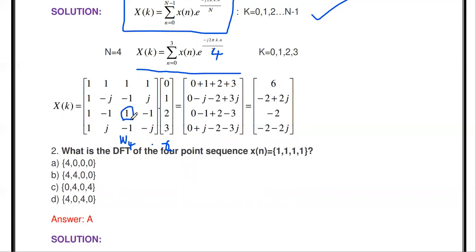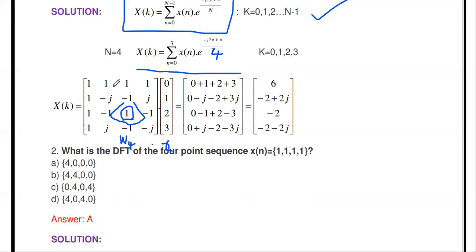These 4 diagonal values are minus 1, and these 2 diagonal elements are minus j, and these 2 diagonal elements are plus j. In this way you remember the twiddle factor matrix. You just multiply it with our x of n, and we will get the answer.